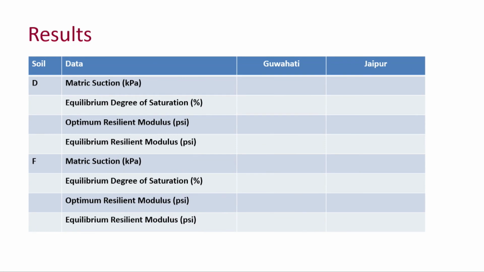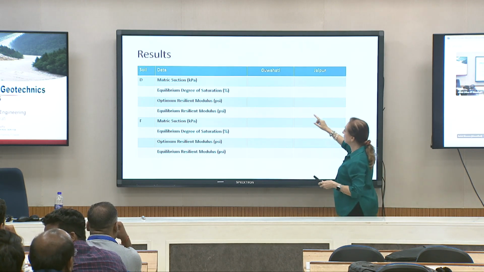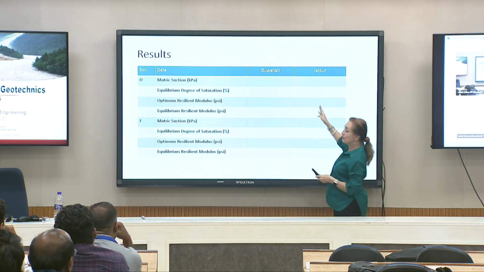Okay, so we're gonna have the data in here, and the first 2 rows, 6 people, will be doing soil D in Guwahati. The last row that you have over there, we're going to be doing soil D in Jaipur.